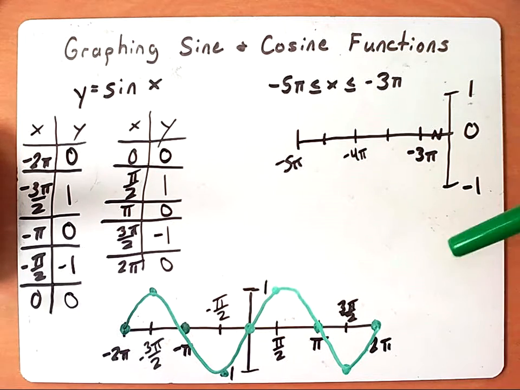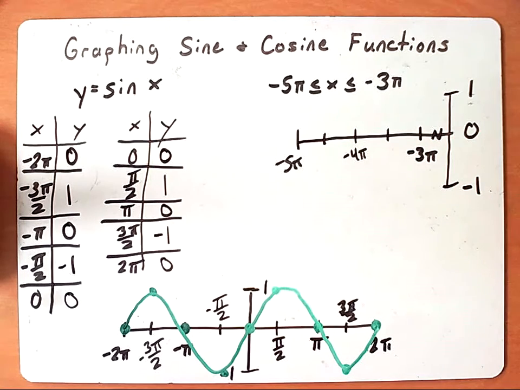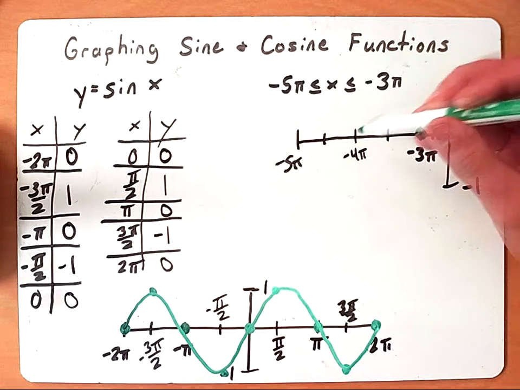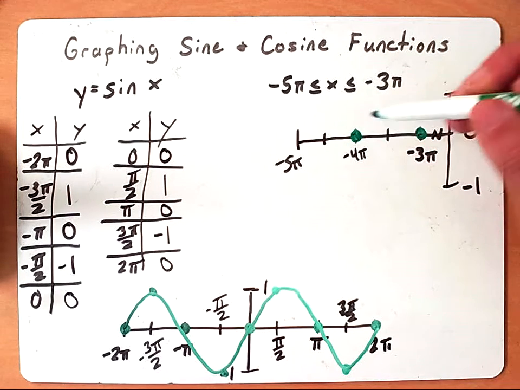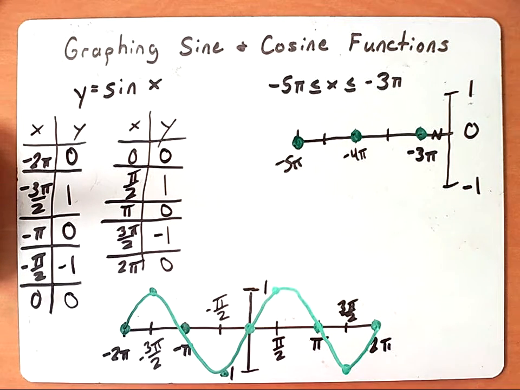So anytime I am at an integer multiple of pi, I am on the x-axis. And remember, an integer is any whole, positive, or negative number. So I can take this information and come up here and say, well, at -3 pi, we'd also be at 0. At -4 pi, we'll also be at 0. And -5 pi, we're also going to be at 0. And this will be true for any sine parent graph that we have not changed the period for.